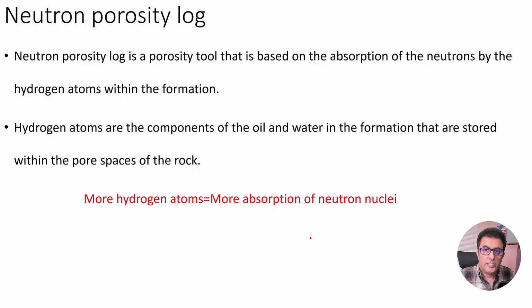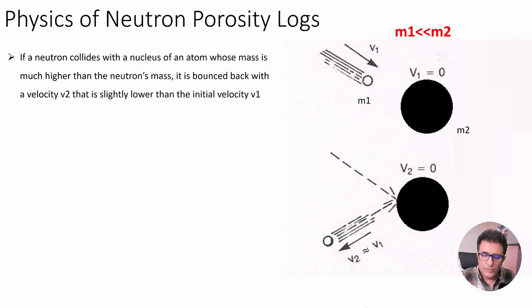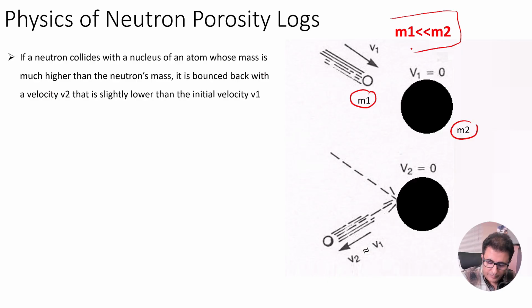From physics, we know that if we have two masses, m1 and m2, and here we assume that m2 is much greater than m1, and if m1 has the initial velocity v1 and collides with m2, m1 will be bounced back with the velocity of v2 after collision. So in other words, v2, the velocity after collision, will be almost the same as v1.